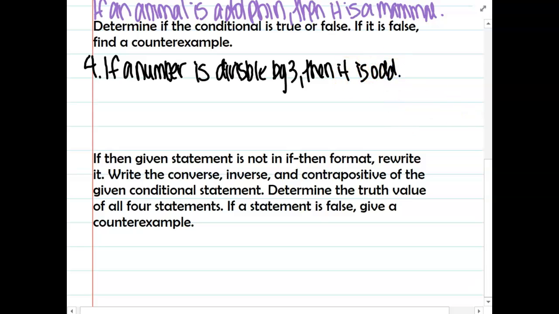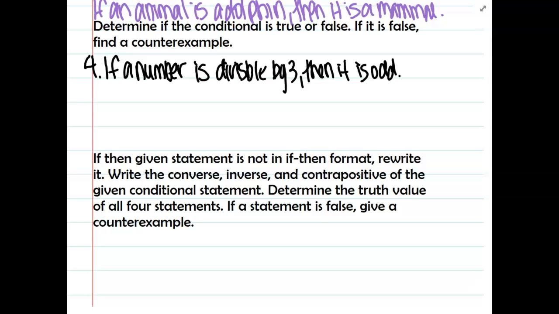If a number is divisible by 3, then it is odd. Okay, now here's the thing. If this is true, it means that every single time my hypothesis is true. Now my hypothesis is a number is divisible by 3. So think about all the numbers you know that are divisible by 3. If this is true, it means every single one of those numbers is odd.